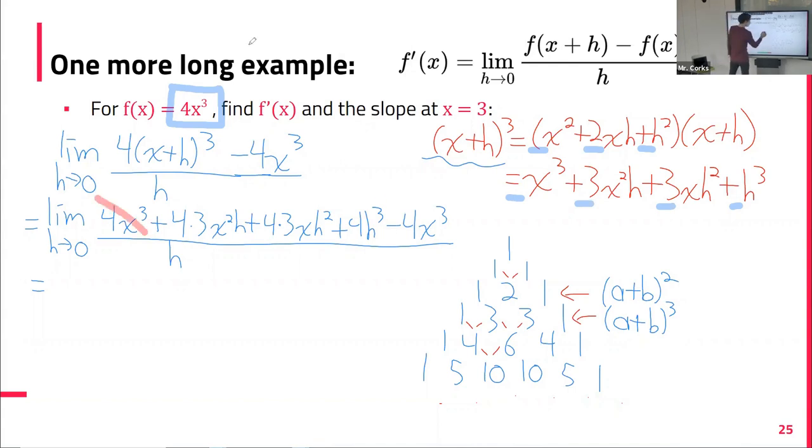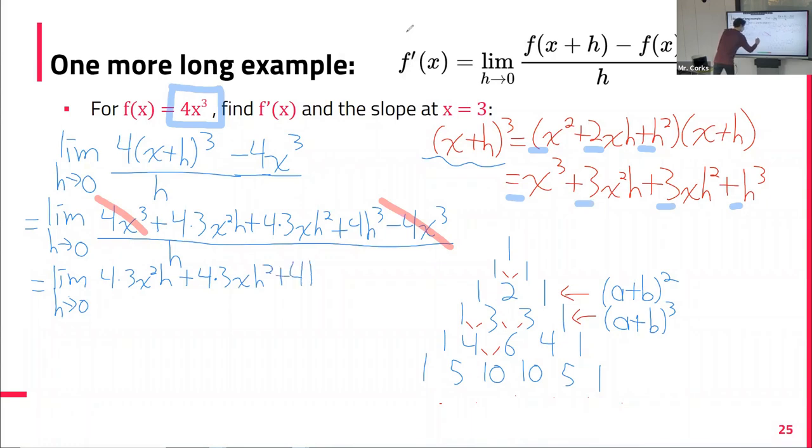That's gone, and so the limit as h approaches 0 of 4 times 3x squared h plus 4 times 3x h squared plus 4h cubed, all over h. What's next?